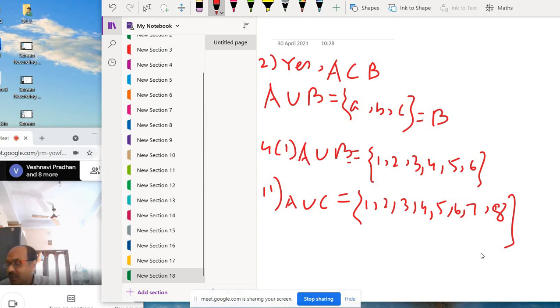Question number 5, you see A union B union C. Join of 3 sets. So A union B union C, all the 3 sets join up.